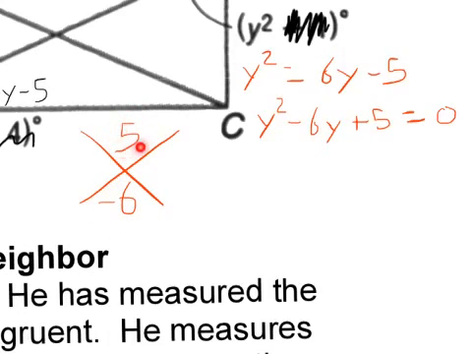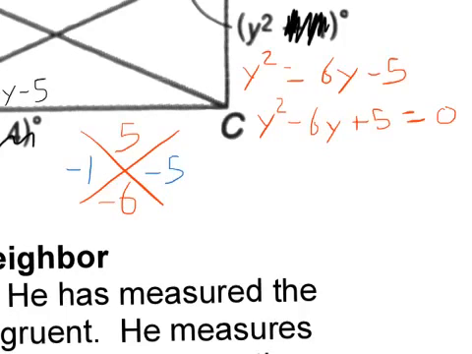Well, 1 and 5 multiplies up to 5, right? But 1 plus 5 equals +6. Well, what if I was to do, let's change colors here, -1 and -5? Well, -1 times -5 is +5, because it's a negative times a negative. And -1 plus -5 is -6, so that works.